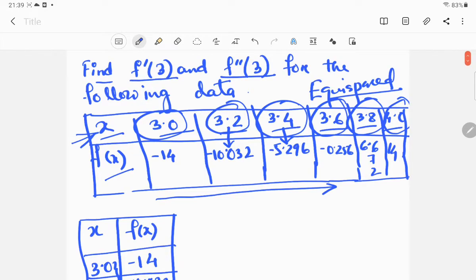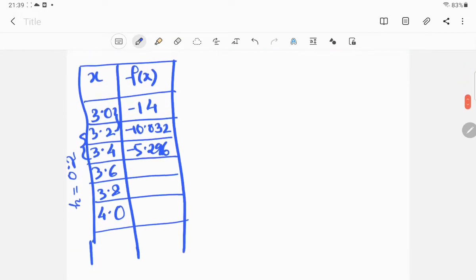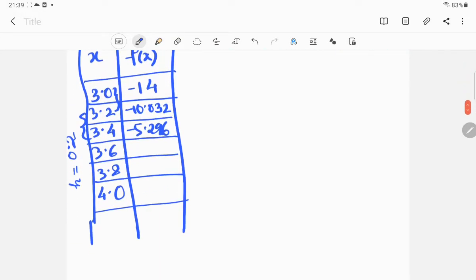Then we have 3.6, which has a value minus 0.256. The others I will put from the table. You can also follow from the note that I have given.